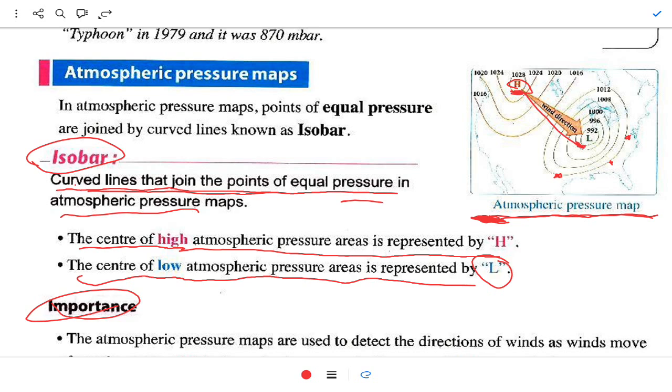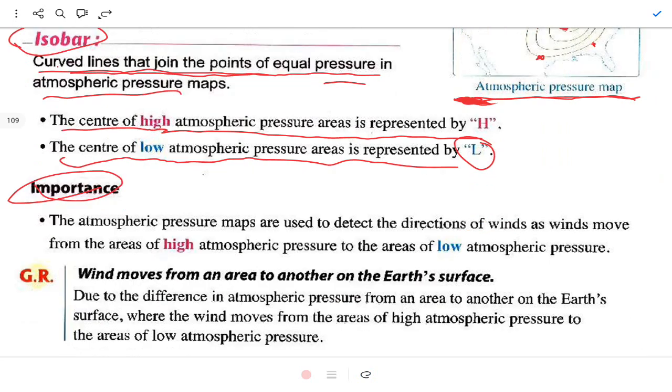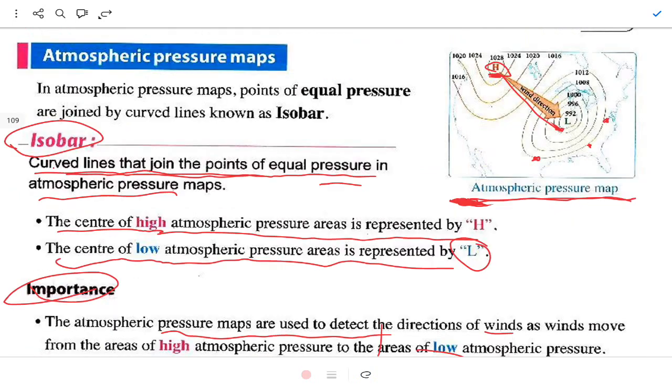So atmospheric pressure maps are used to detect the direction of winds, as winds move from areas of high atmospheric pressure to areas of low atmospheric pressure. These lines are called isobars, and they connect points that have equal pressure.